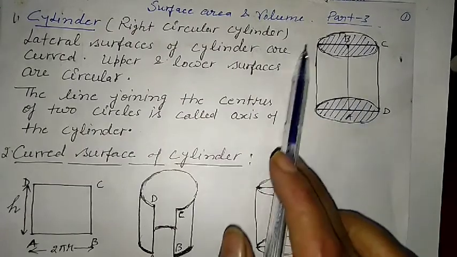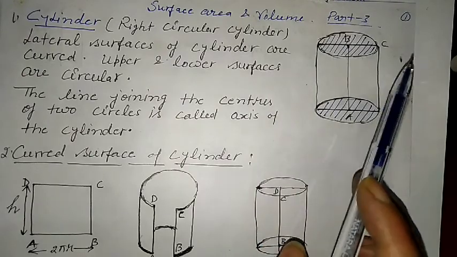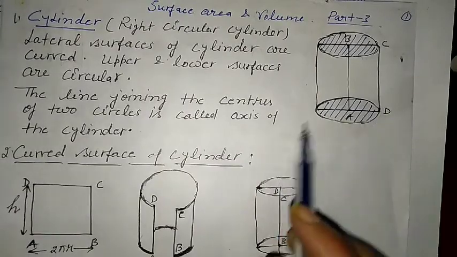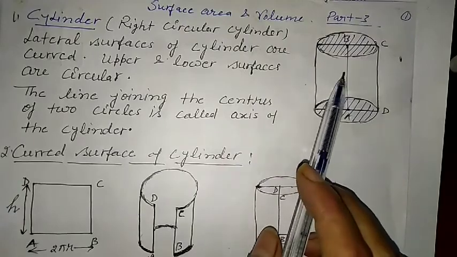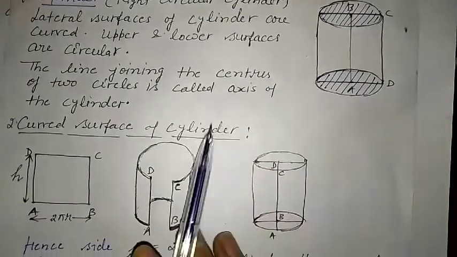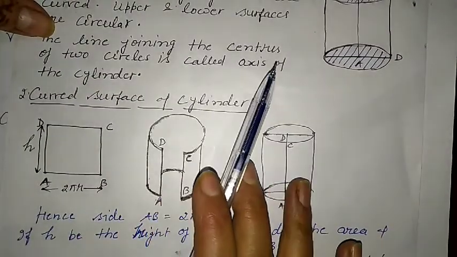That's why this type of cylinder is known as a right circular cylinder. Here also we have the curved surface area, the total surface area, and the volume.